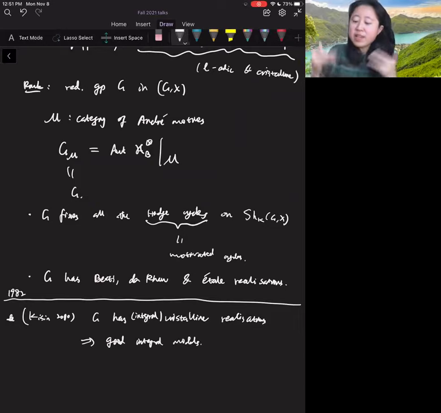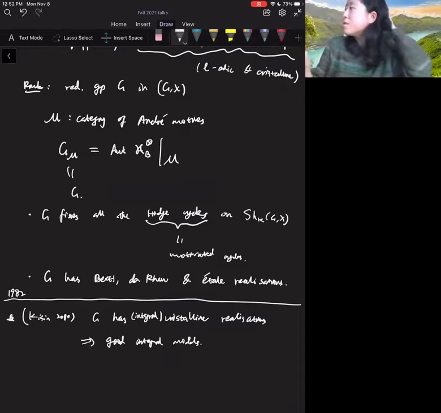By G having integral crystalline realizations, I just mean that G is the scheme-theoretic stabilizer, or you can think of it as the Tannakian group or motivic Galois group, that stabilizes certain integral crystalline tensors. These integral crystalline tensors are motivated cycles with crystalline reference cohomology, and they live inside the tensor space of some Dieudonné module with integral coefficients.